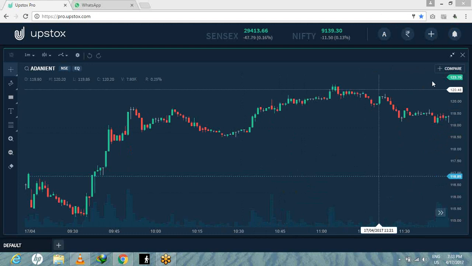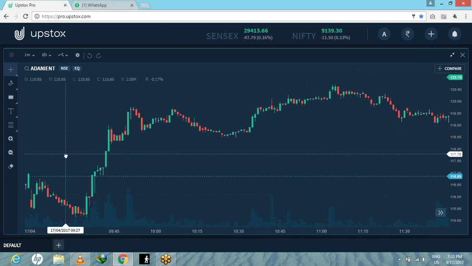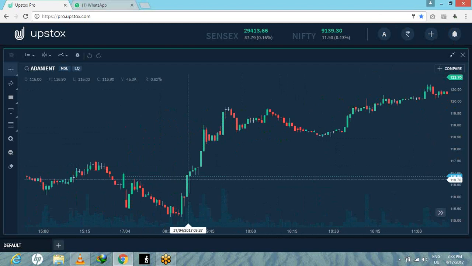Okay, starting with the first candlestick pattern, that is the spinning top, and the second pattern is the engulfing pattern. Let me show you. See here, can you see a big candle engulfing a red candle?